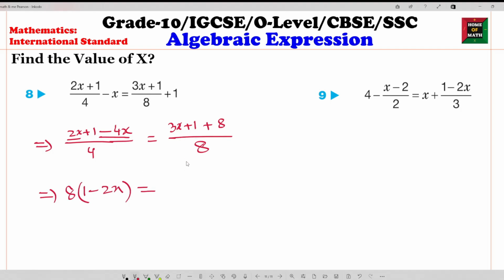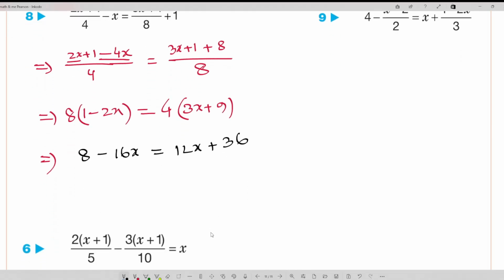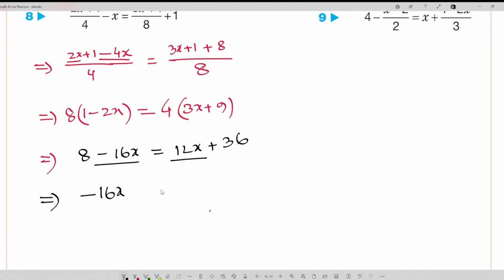Okay, and here is 3x plus 9, and this 4. Okay, so this one we can write 8 minus 16x equals 12x plus 36. Okay, now we can write minus 16x, and this 12x becomes minus 12x, equals 36 minus 8.